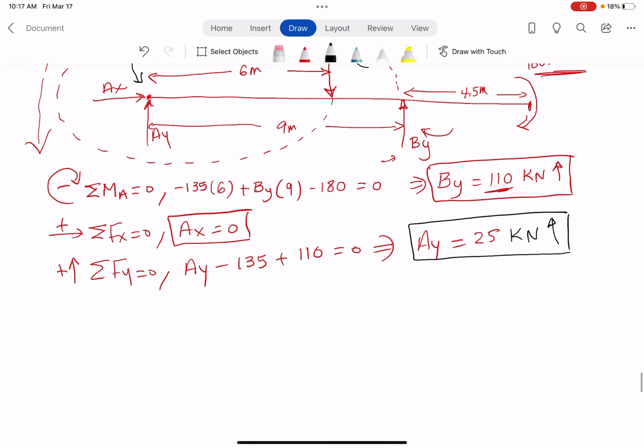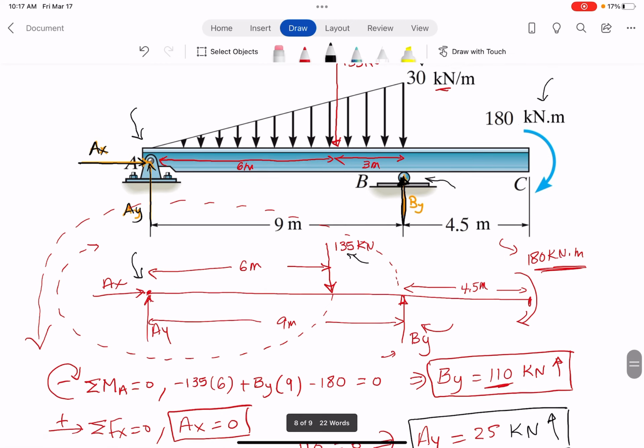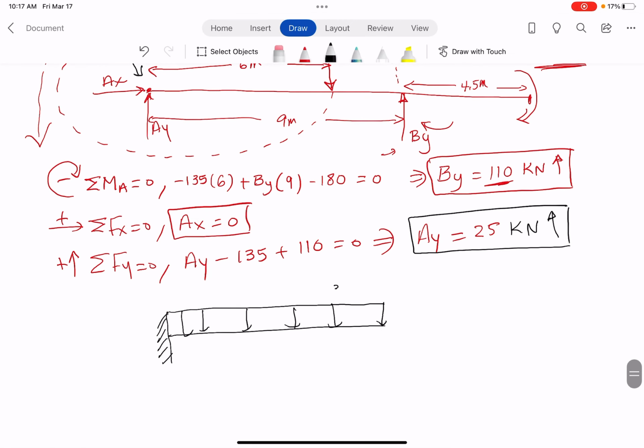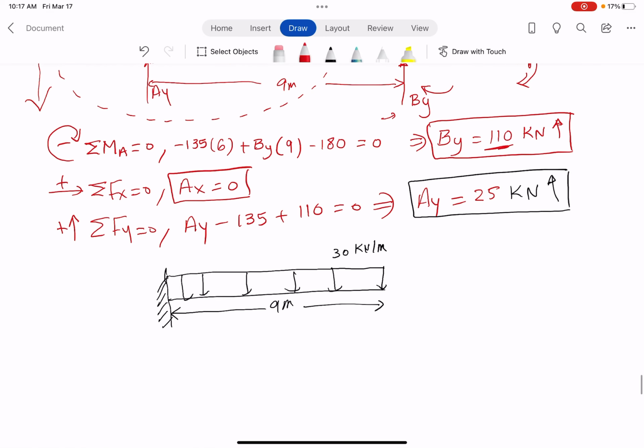But we should also notice if you have a fixed support. We did this in class. And of course, let's say you have a distributed load here. Let's say we have the same distributed load, 30. And you have the same distance, let's say 9 meters. And you need to find this support reaction. We do the same thing.